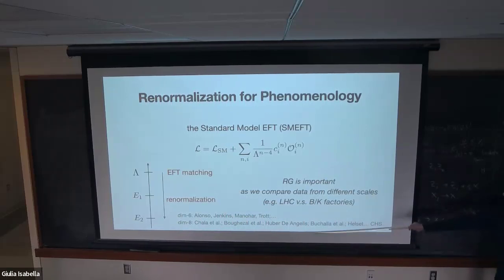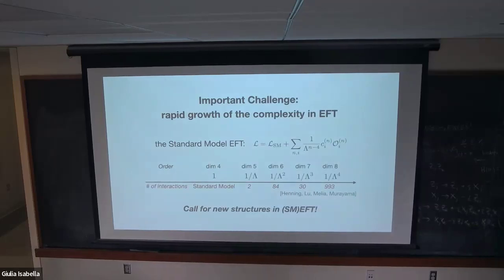These are the famous results for dimension 6 by the San Diego group. There's been a lot of work toward completing this at dimension 8 as well. Even though we know a lot of pieces for dimension 8, it's still not completed yet. You can ask why this is so difficult.